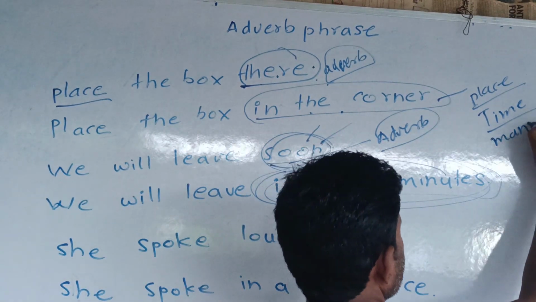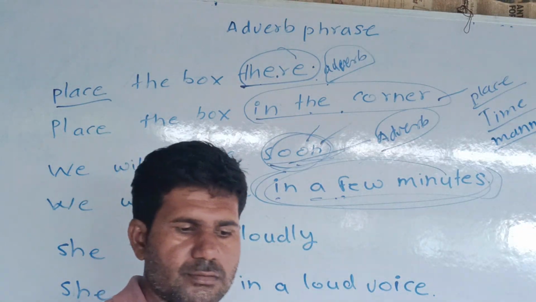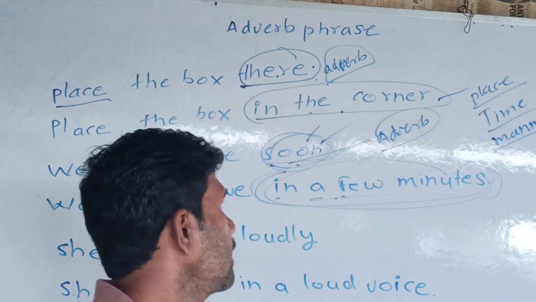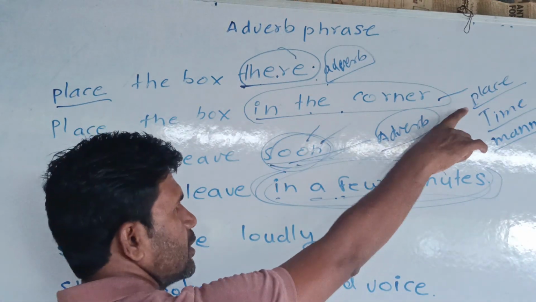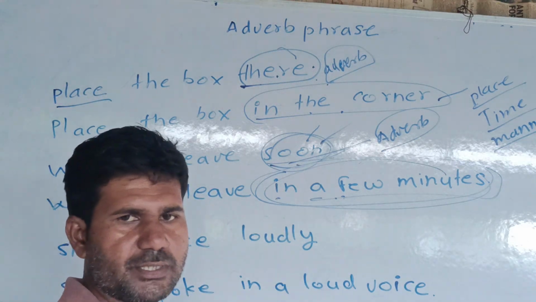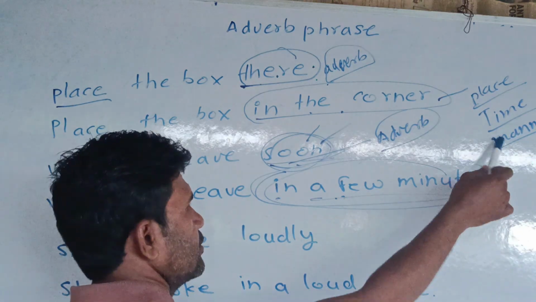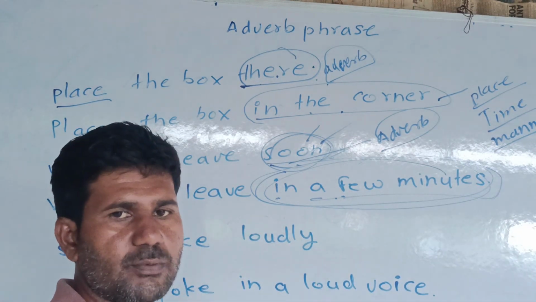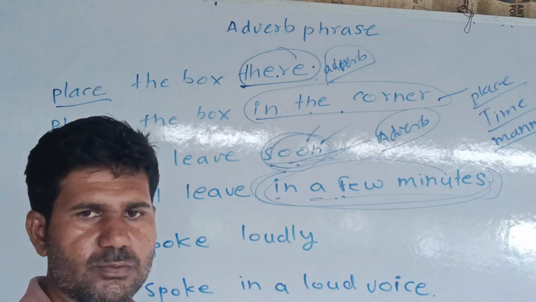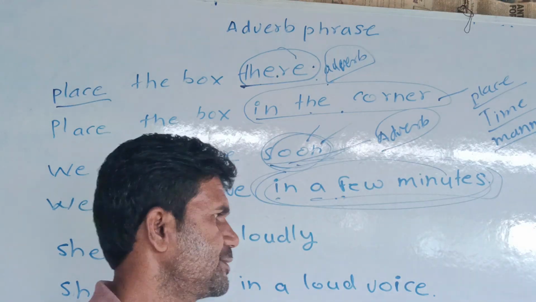Adverb tells us three things: place of action, time of action, and the way it happens, manner. If that same thing is told by a group of words, that group is called adverb phrase.